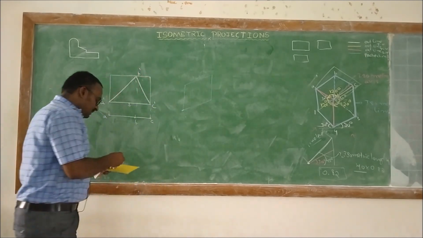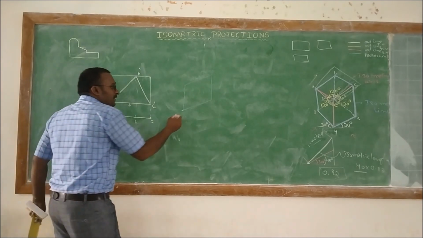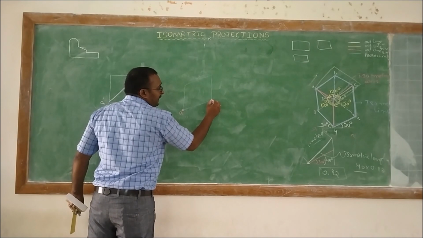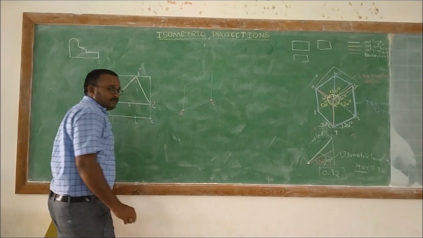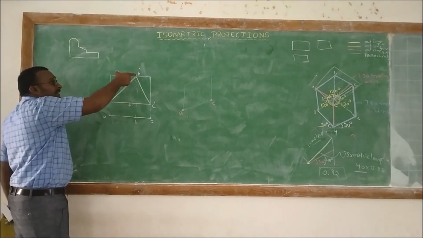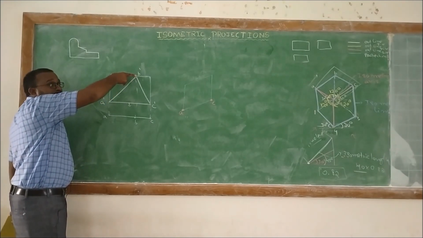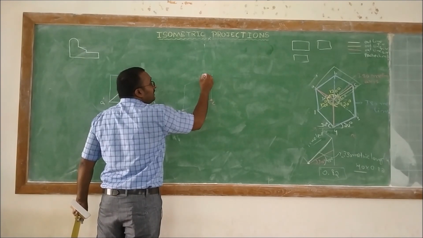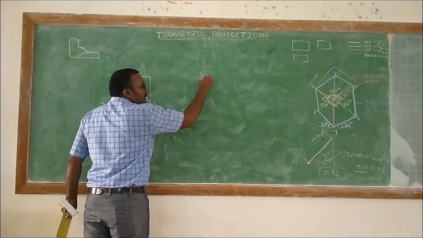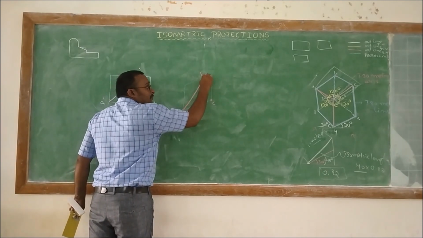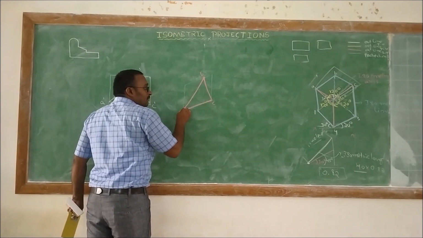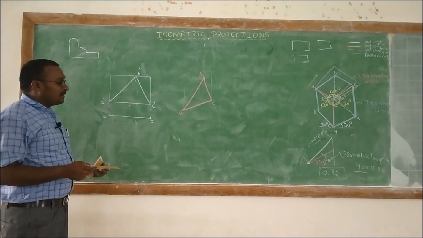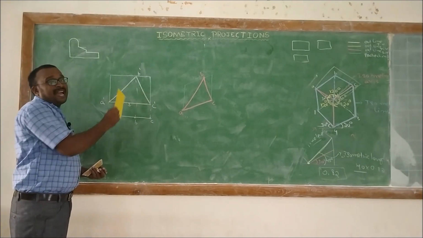Here there will be point A and point C. Then take the distance from here to here and cut an arc over here. Then you will get the point B. Then you need to combine all of them. Here this is the isometric view of the given triangular polygon.